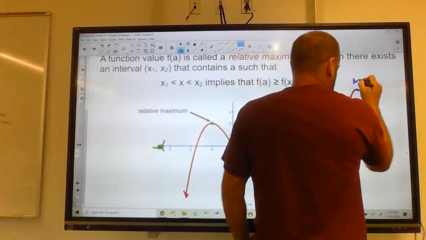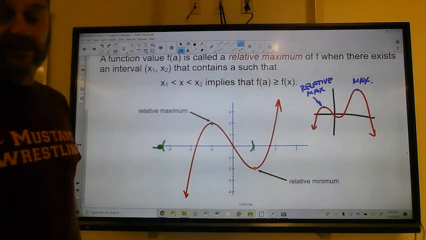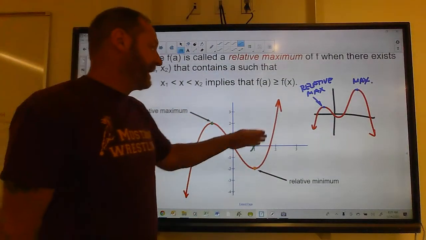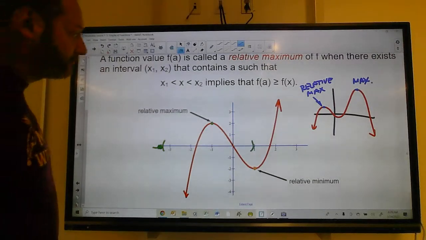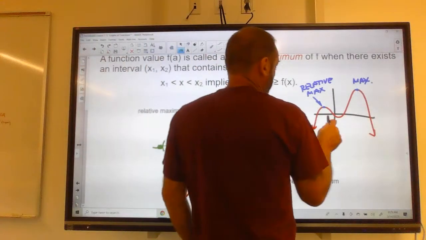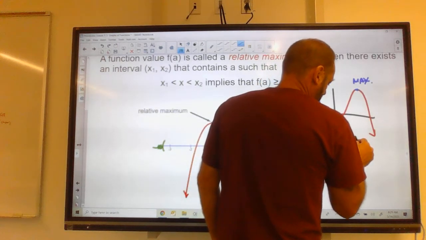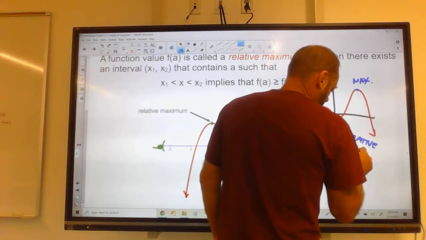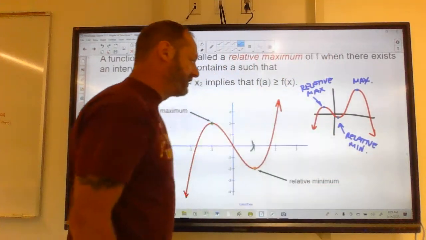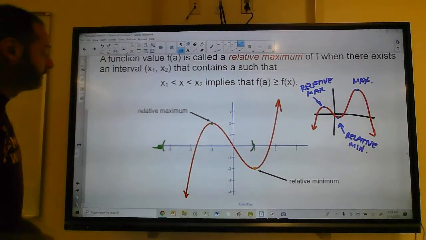This one is just a maximum. That's as big as it gets. This one doesn't have a maximum because the arrow implies it goes to infinity. It also has a relative minimum right here. But it doesn't have a minimum because these arrows imply that it goes down to negative infinity.